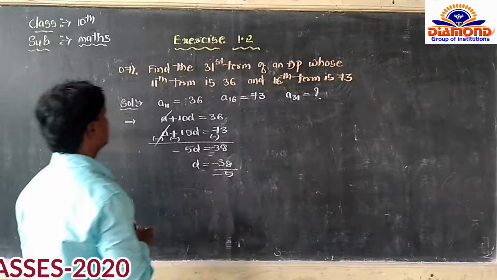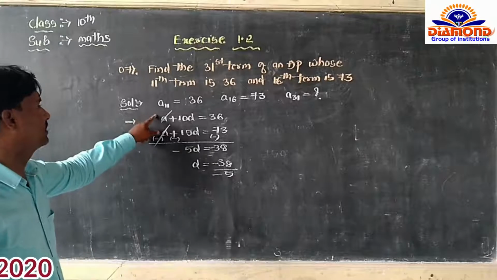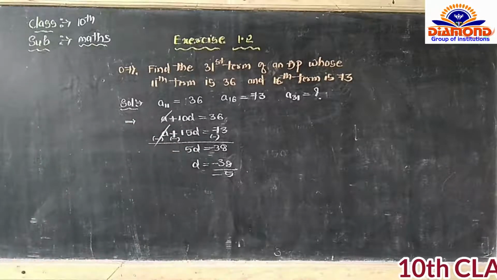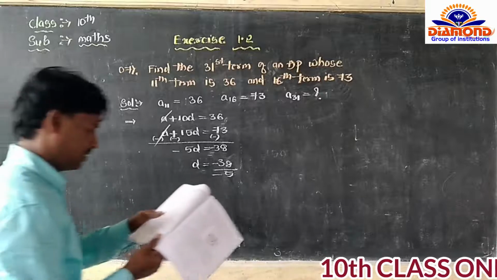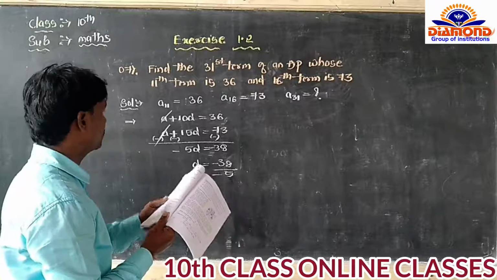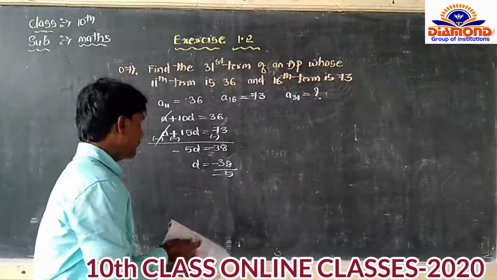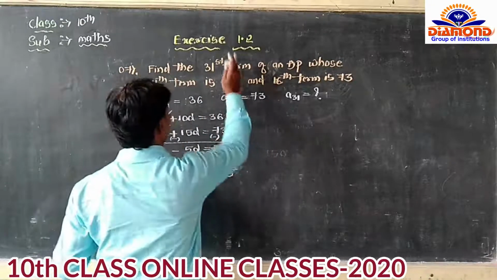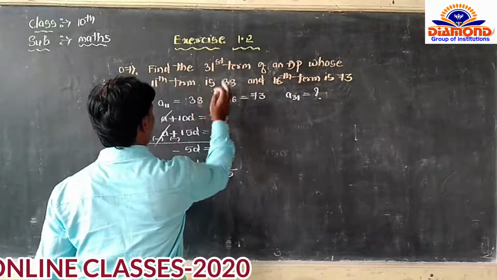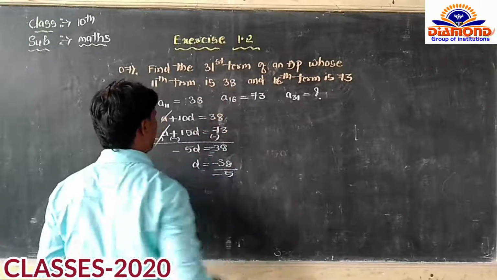Once again, dear students, 11th term is equal to 36 and 16th term is 73. Sorry, dear students, here it is 38.